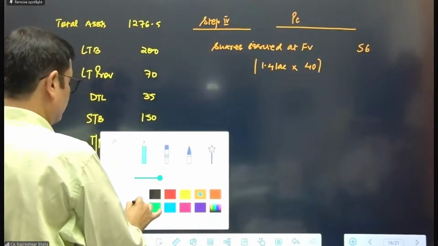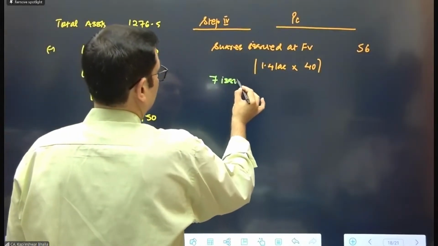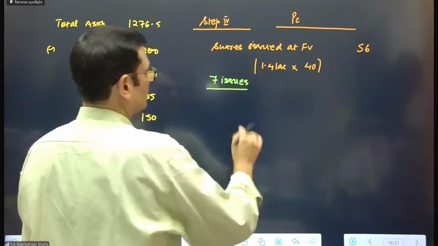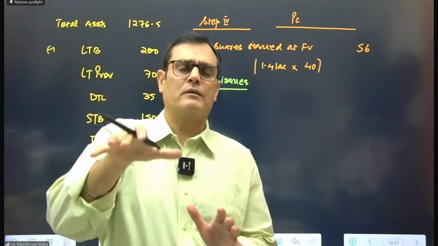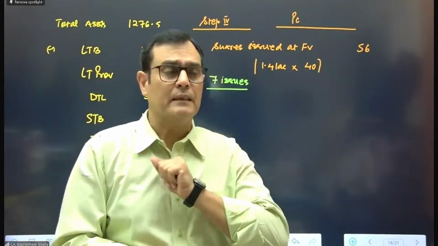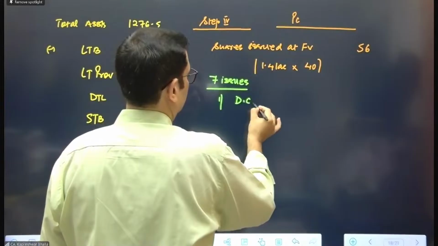Then let me at least pen down my 7 issues so that we can just keep a track. In every comprehensive question, you can just look at those 7 issues. Though in the exam, you may not write down all the 7 issues, for the time being I want to look into the issues. So is there a deferred consideration?